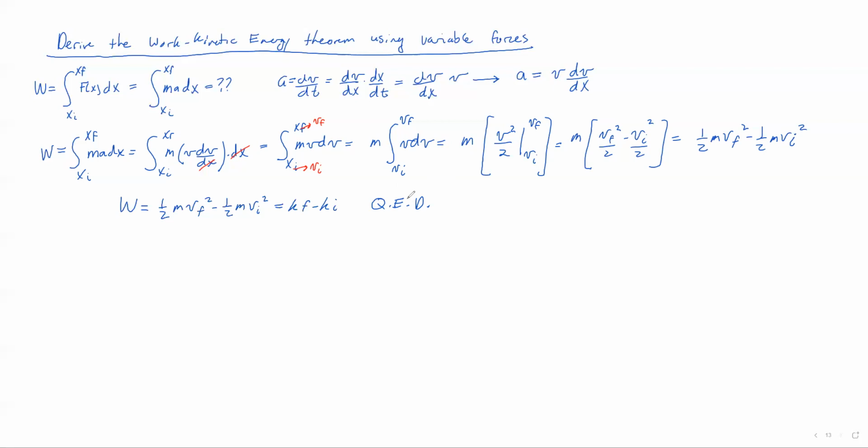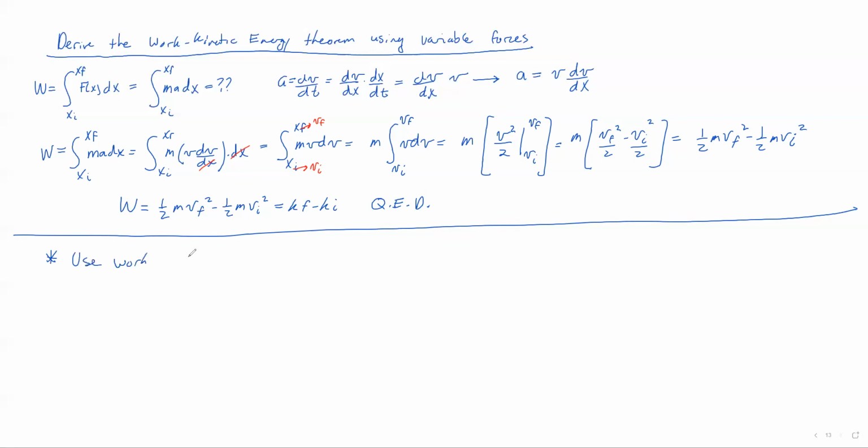I just want to talk a little bit further about what happens when I change the path. So I can do any path. What would happen if you change the path and you use the dot product? When you do that, it's pretty simple. You can use work to talk about any force or any path.